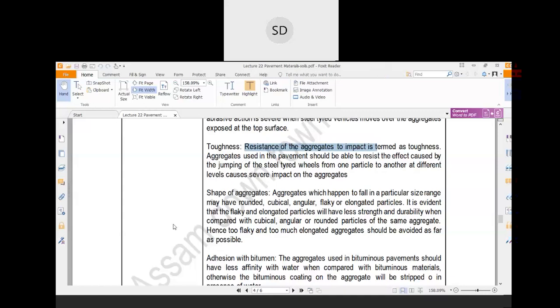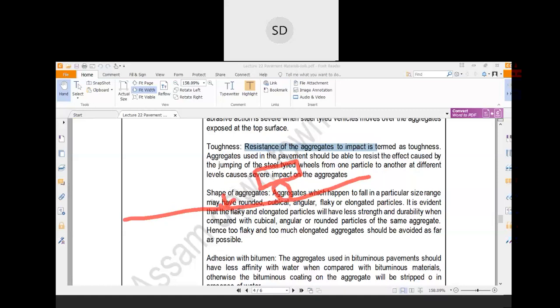So what does this mean? This means that suppose this is the road. Now in the road there will be different undulations. So whenever a vehicle is moving over such a road, because of the undulation, in some cases the vehicle may jump for a momentary time. So what will happen, when this tire, after jumping, again touches the pavement surface, it will create some impact.